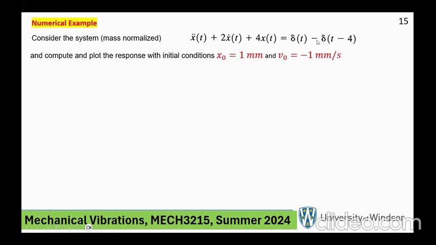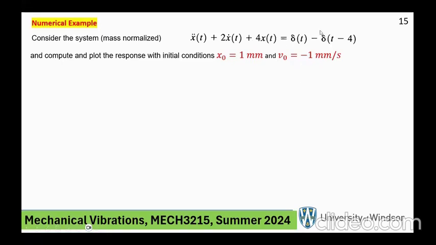But there's a minus sign here. And there's one more thing. We are told that this system initially, in other words, even when it was being hit by that impulse, it had an initial position and an initial velocity, which means we have to do a little bit more.